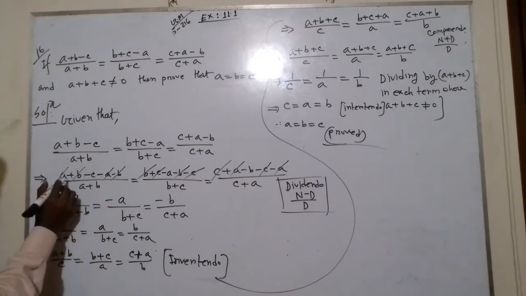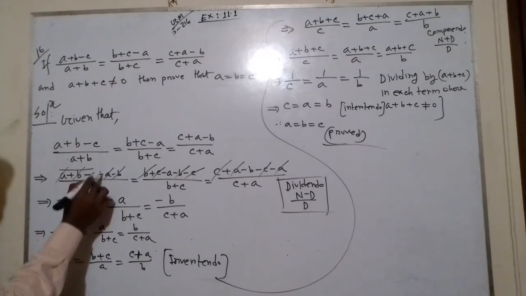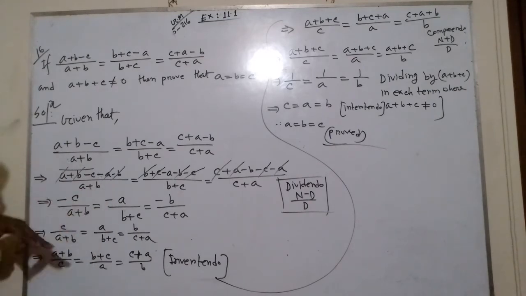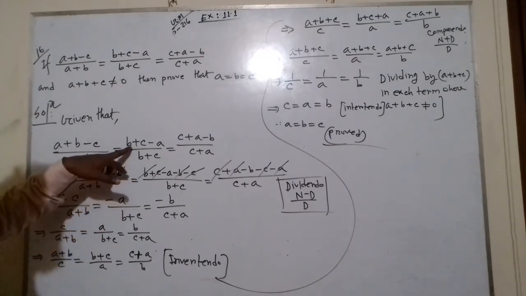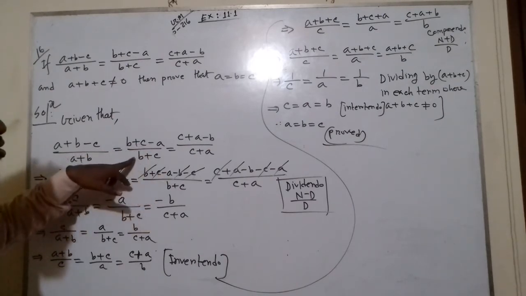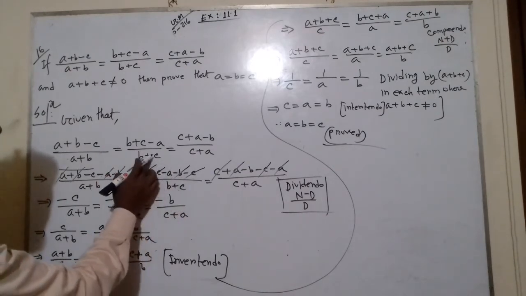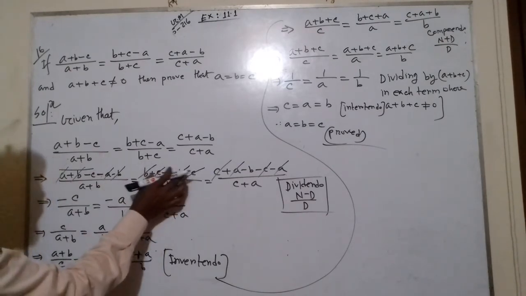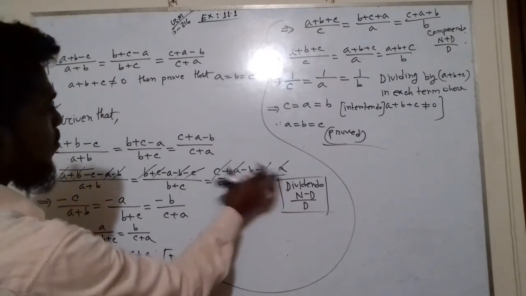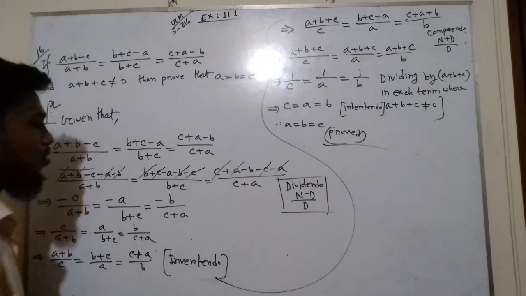So numerator minus denominator divided by denominator equal to numerator b plus c minus a minus denominator. So numerator minus denominator, and this numerator minus denominator divided by denominator.